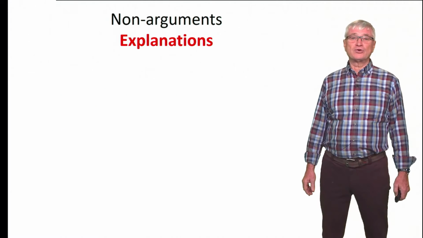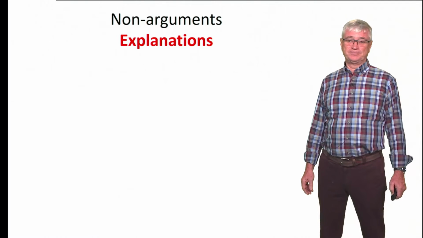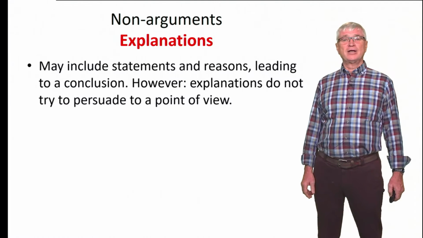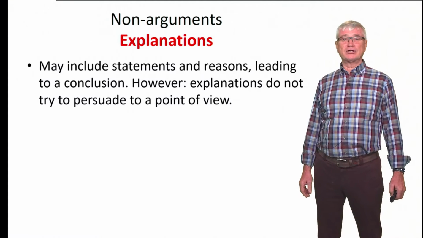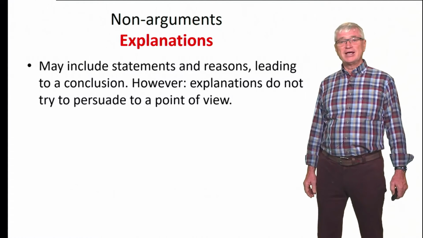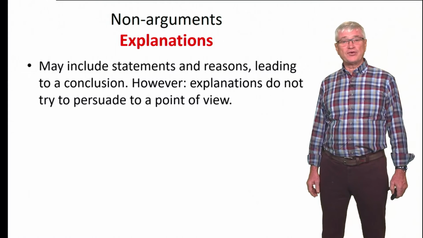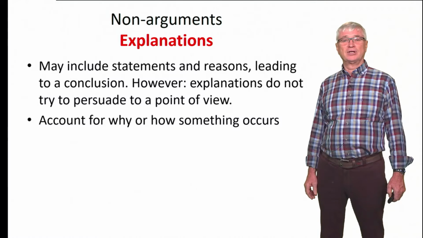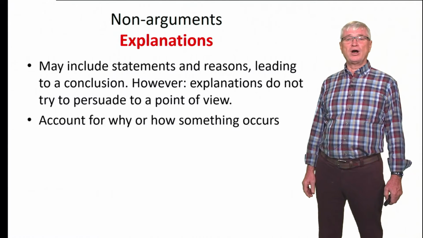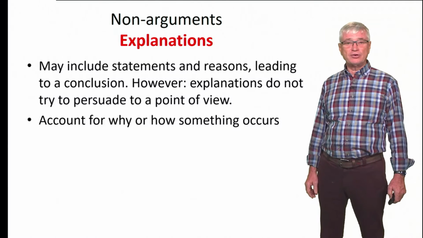Then you have something called an explanation. Explanations may include statements and reasons leading to a conclusion. However, explanations do not try to persuade to a point of view. It accounts for why or how something occurs.